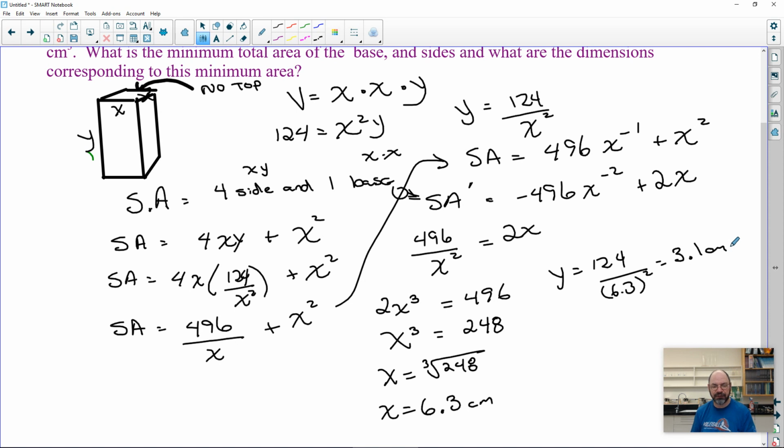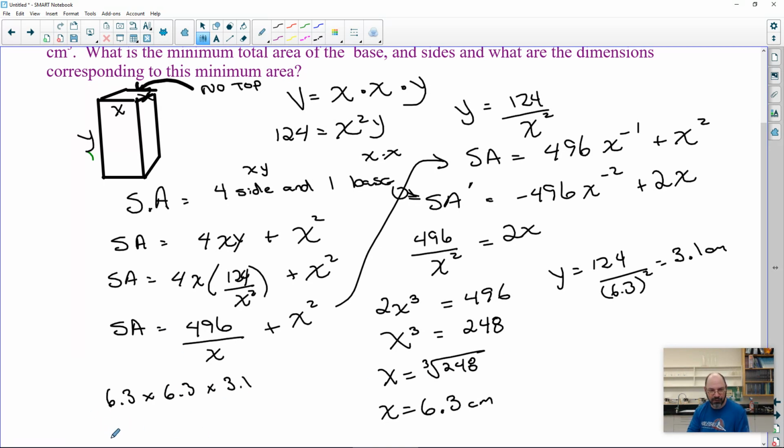So our dimensions are 6.3 by 6.3 by 3.1. So it's actually a shorter box to minimize the area.